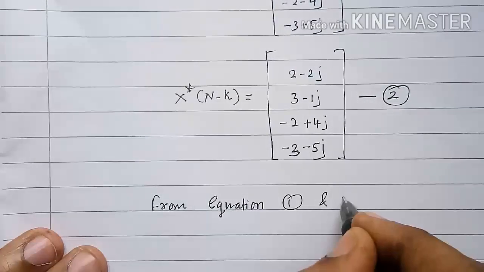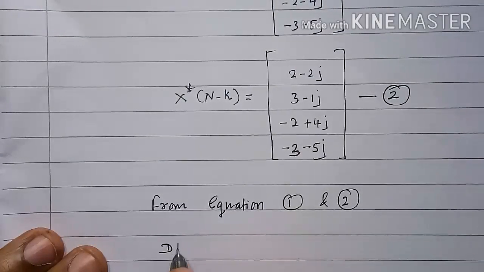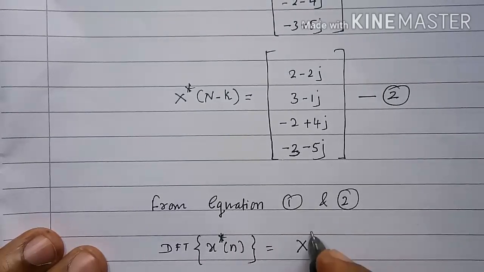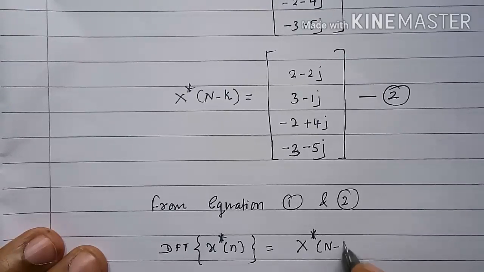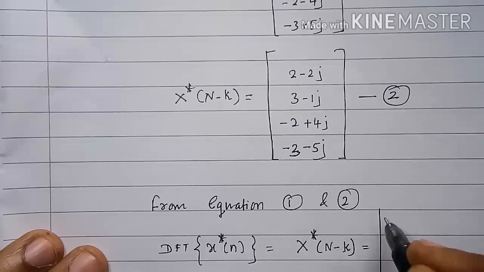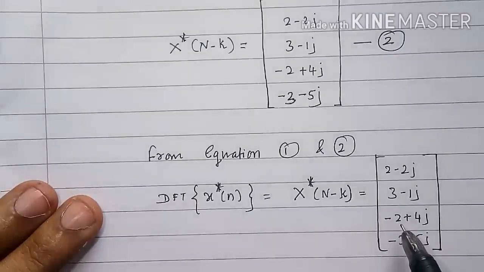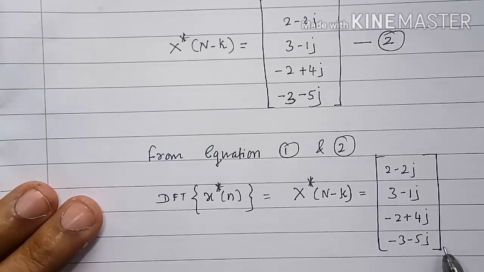From equation 1 and 2 we find that the DFT of x complex conjugate of n is equal to x of N minus k complex conjugate, that is equal to 2 minus 2j, 3 minus 1j, minus 2 plus 4j, minus 3 minus 5j.